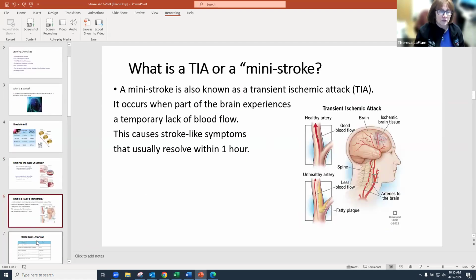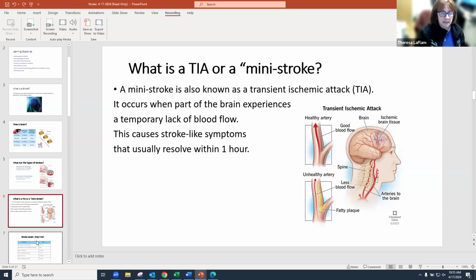Then there's a third type of mechanism that we have to look at because we see this a lot. It is known sometimes as the mini stroke. It's not really labeled correctly because when you say mini stroke, someone thinks they had a stroke, but it's almost the opposite.